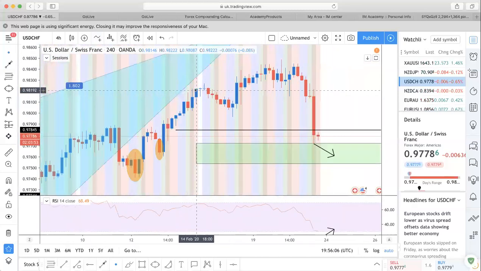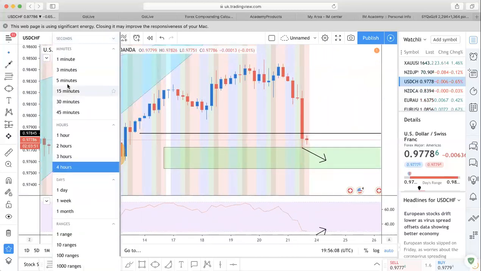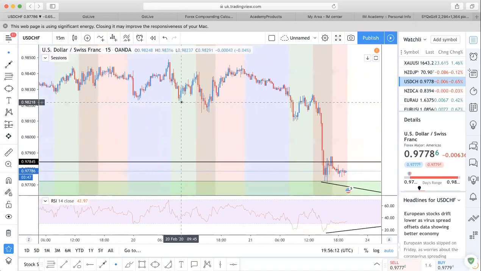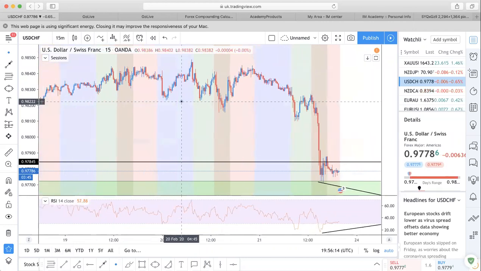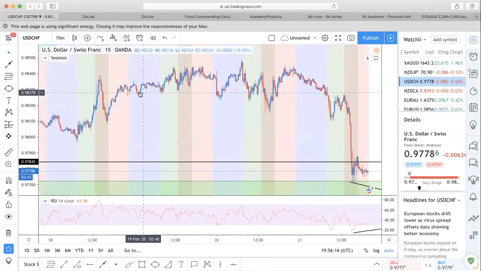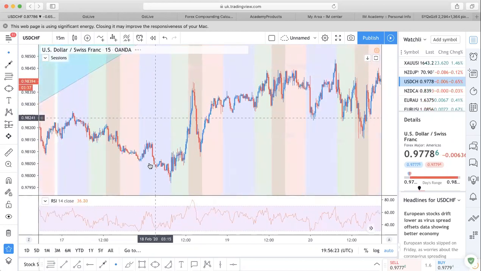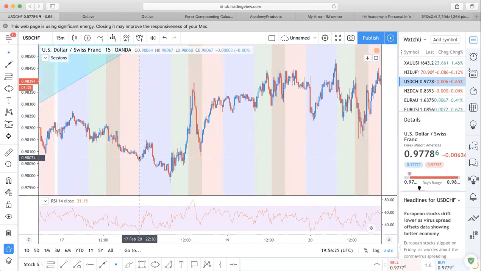So if I look at this, let's go on a smaller time frame. I can select every color by color and then analyze what is actually happening in each color. So let's see when this started. This is the Asian session, the purple bit.